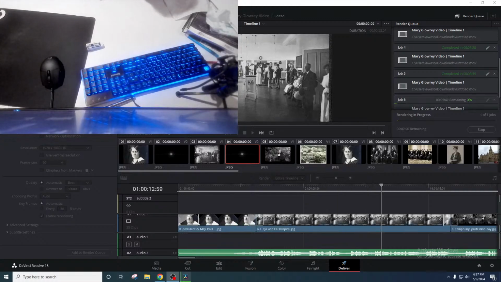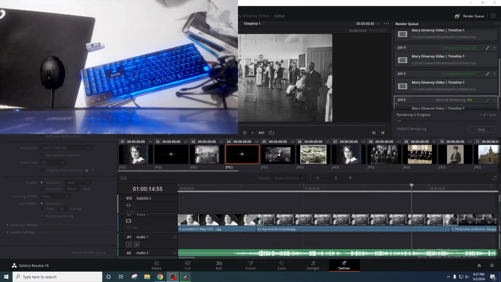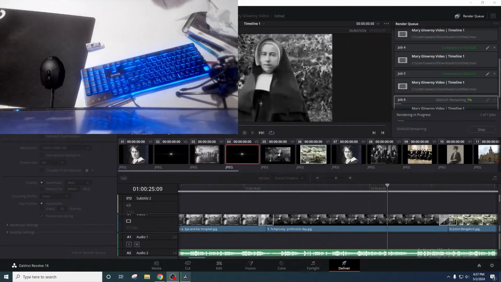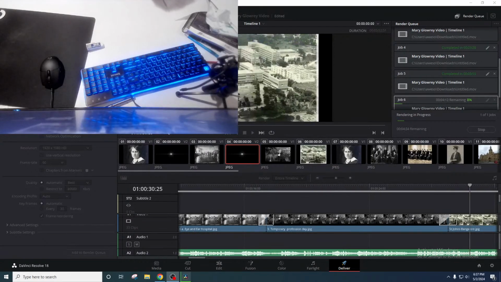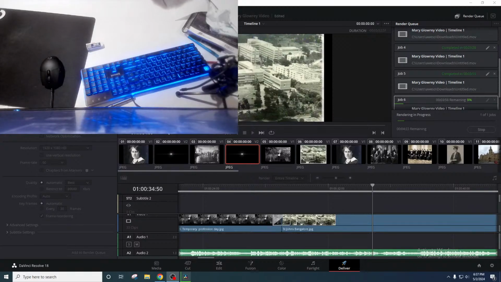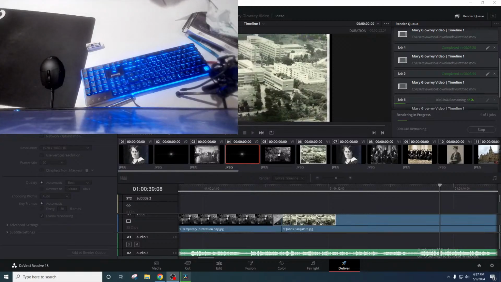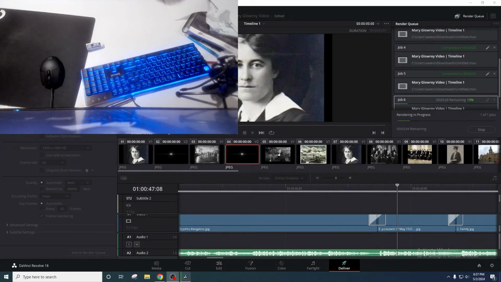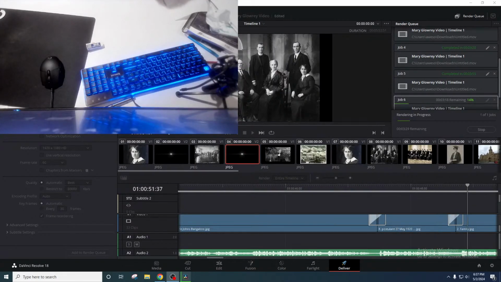Otherwise I won't be able to know, because apparently some of the images are extremely blurry. So, we can do that. Okay, so DaVinci Resolve uses my graphics card, but Blender does not.